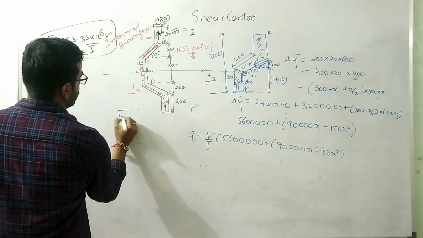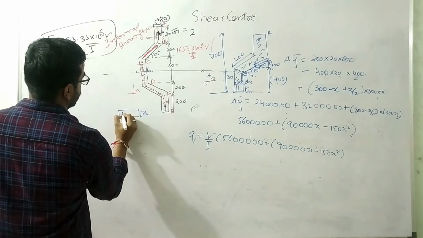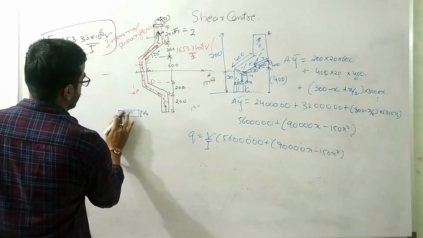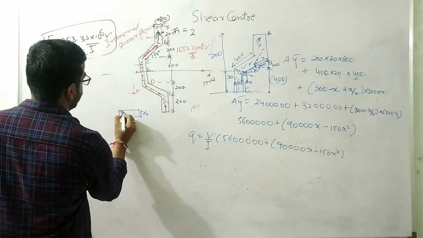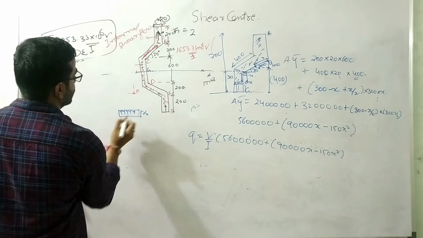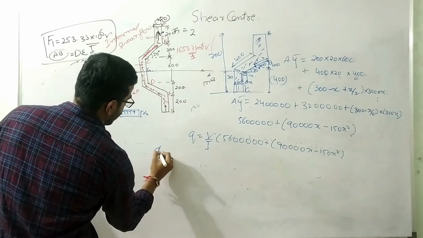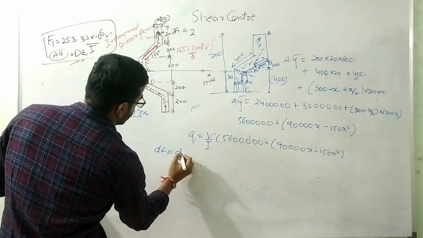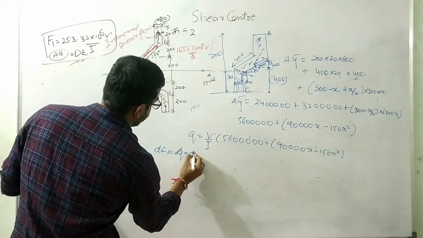This is our element, dx element. So this q is acting like this. I have taken it in the upward direction, so it will act like this. So the net force for this element will be df equals q into dx.